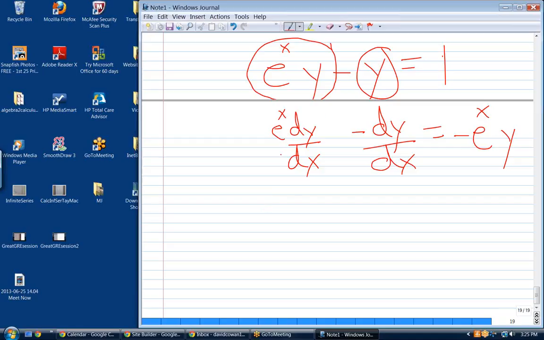Now you want to, there's always this step, which is to factor out the dy dx. What's left behind? In other words, I'm factoring just the left side of this equation.